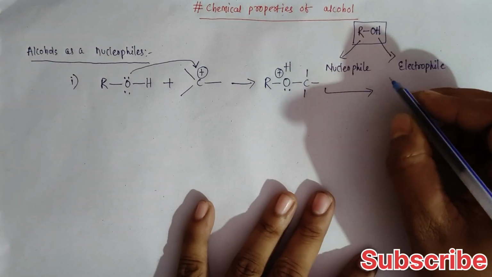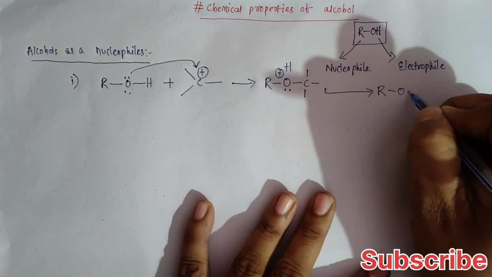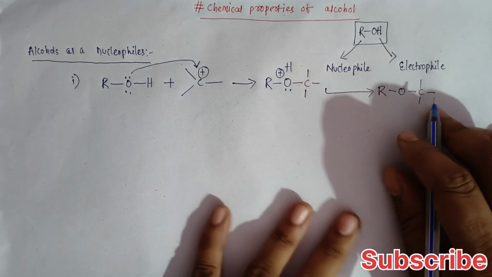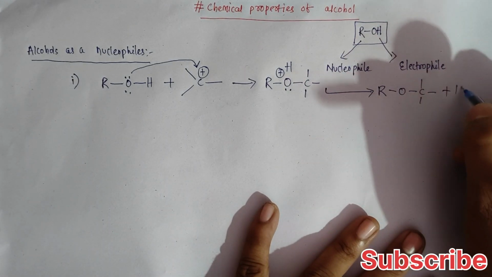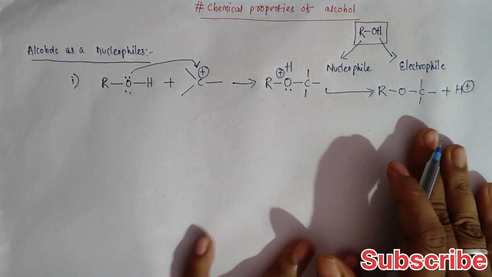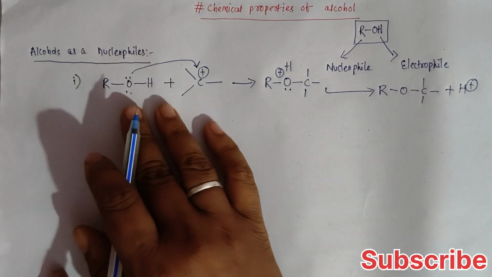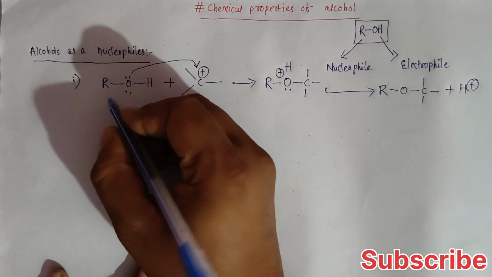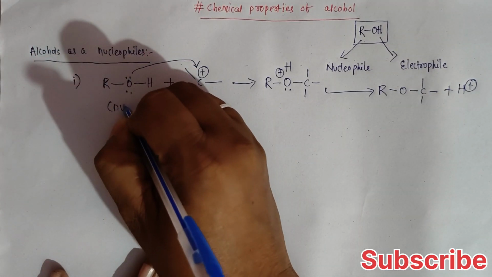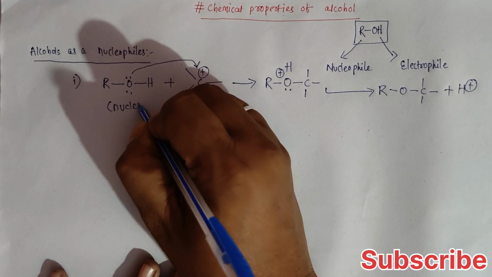Then this H will be removed, and an RO-like substance will be obtained with the removal of H plus ion. So here the alcohol acts as a negatively charged species, so we can say that it is used as a nucleophile.